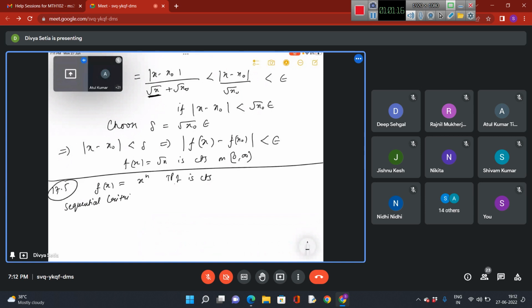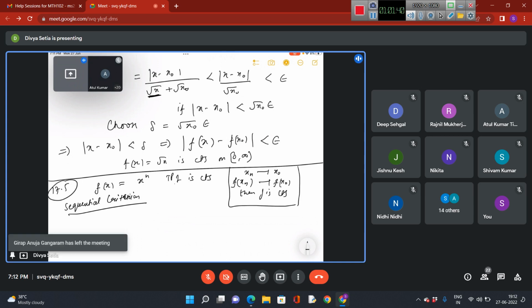Make use of your sequence knowledge. For the sequential criterion, you require that whenever any sequence xn converges to x naught, f of xn should converge to f of x naught, then f is continuous. Right? This was your sequential criterion.